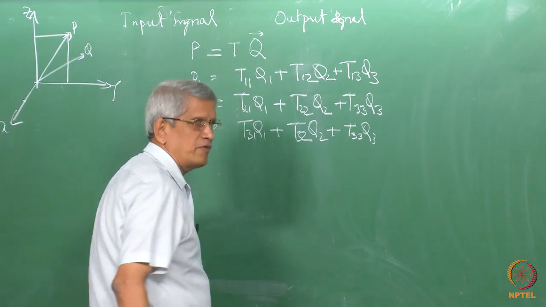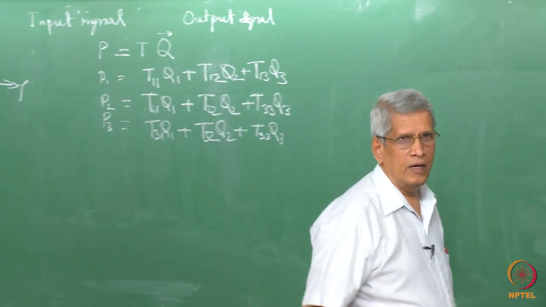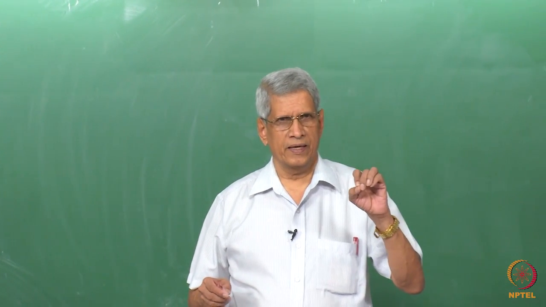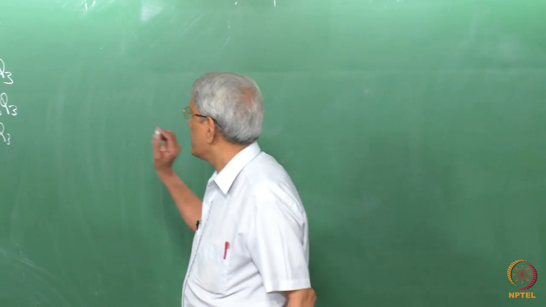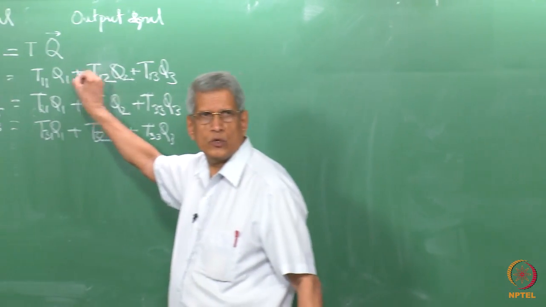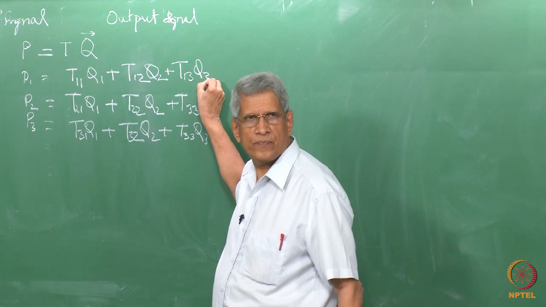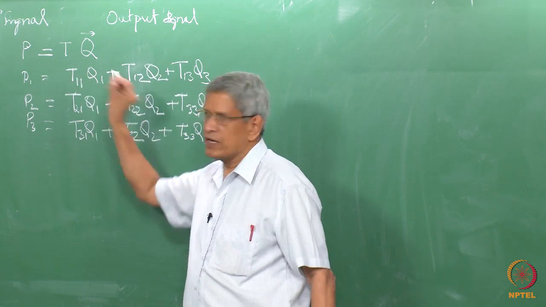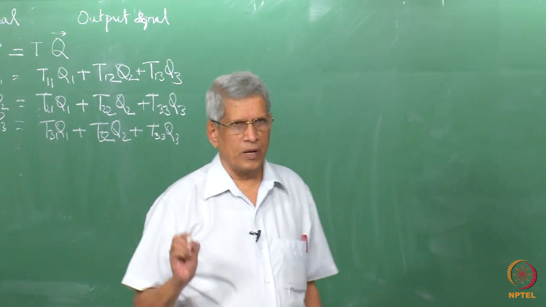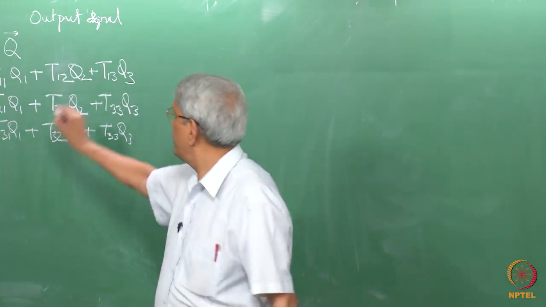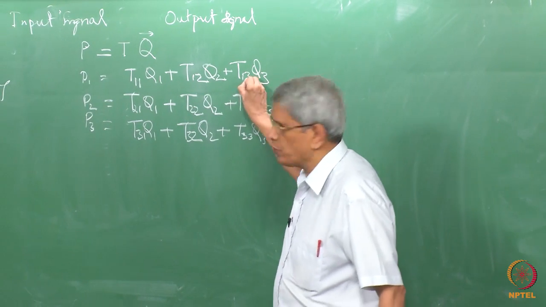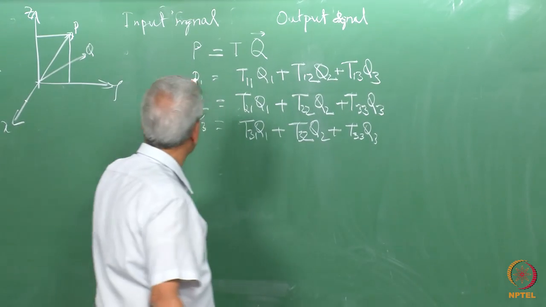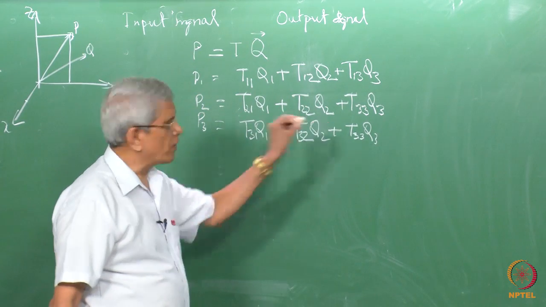So essentially what we have done is that the component of the vector P is measured in terms of Q1, Q2 and Q3, which are components of Q. In that specific direction, what is the property? That property we define as T11, T12, T13, correct? That is with respect to that P1. Similarly, we can write it for all.